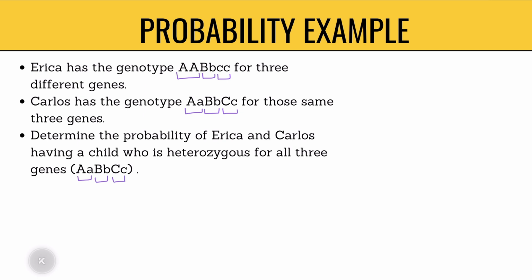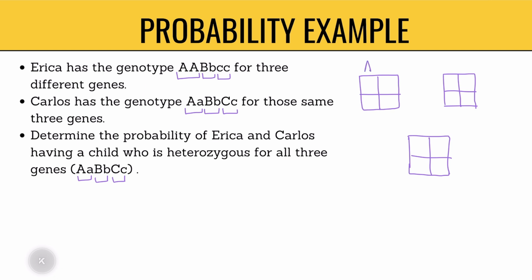So what I need to do is create a Punnett square for gene A, as well as gene B and gene C. Okay, so Erica is big A, big A, Carlos is big A, little a.